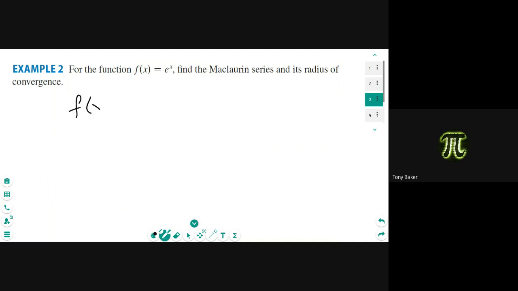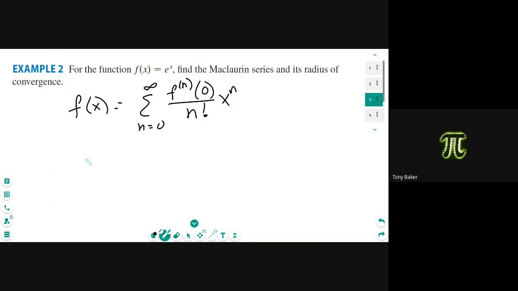So f of x equals the summation of n equals 0 to infinity of f to the n of 0 over n factorial times x to the n.